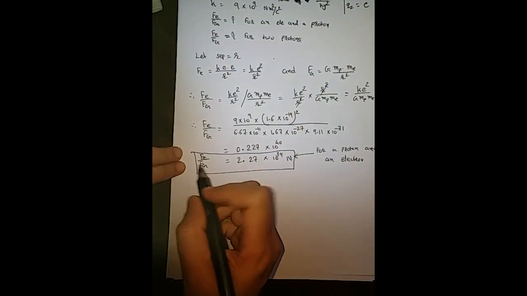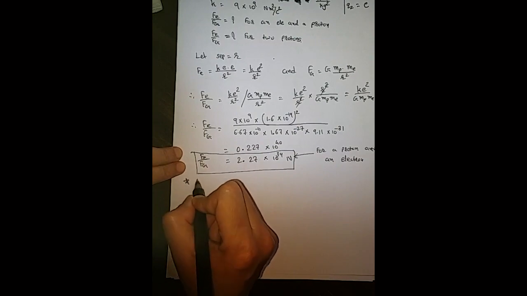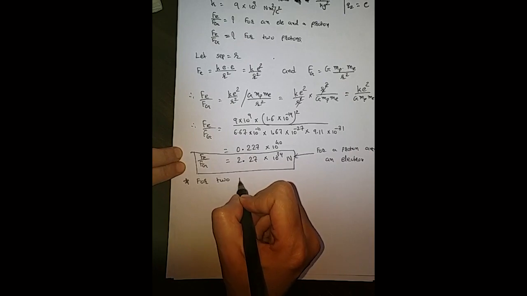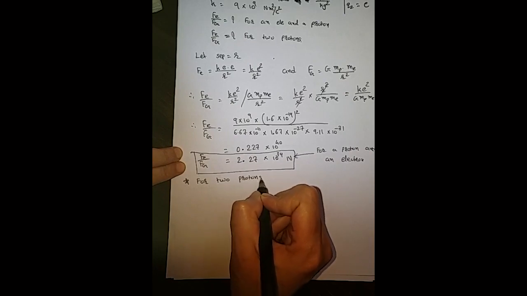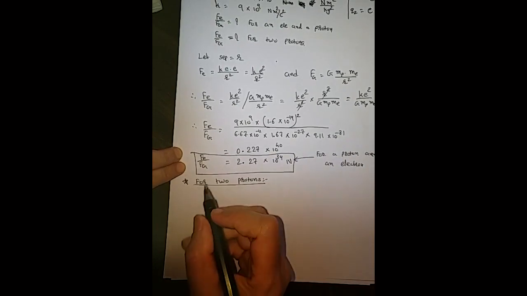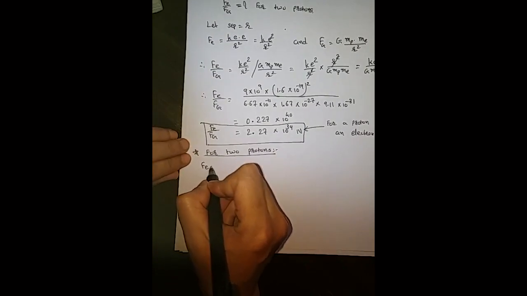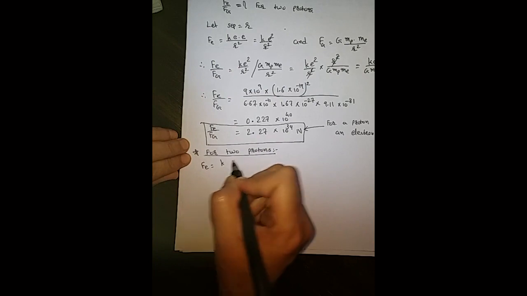Now we will consider the second part for two protons. Again I can write in the same way, Fe equal to K for two protons.